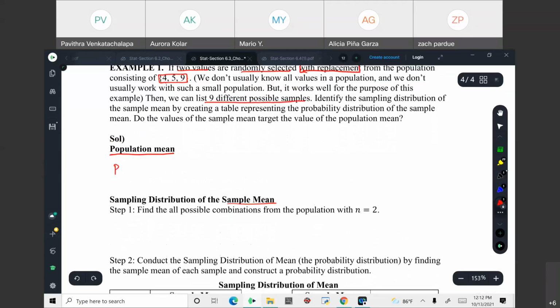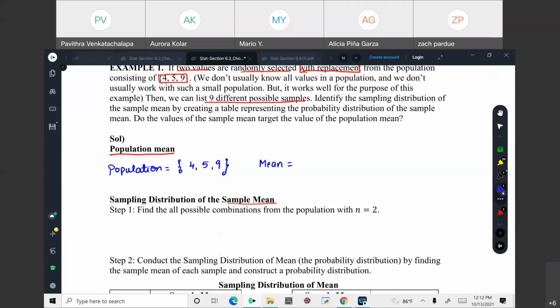Now the population is equal to 4, 5, 9, given in the problem. How do you compute the mean? Add and divide by the total number, right?